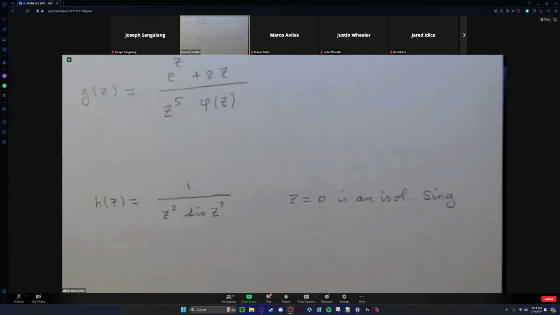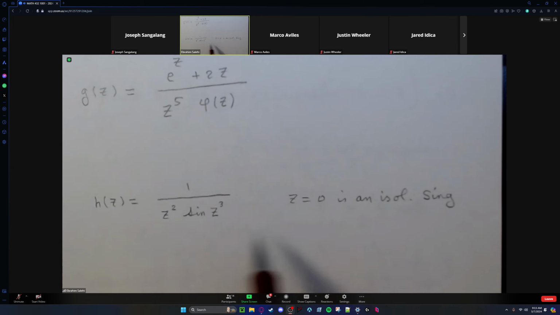But the relationship between singularities or poles and zeros of a function is interesting. To find the order of a pole, you take the reciprocal and find the order of zeros, right?